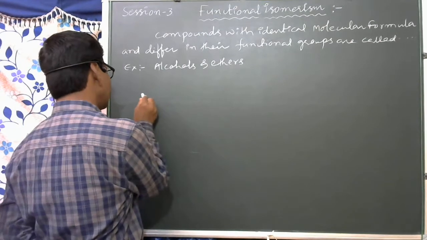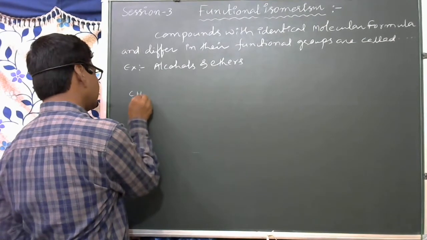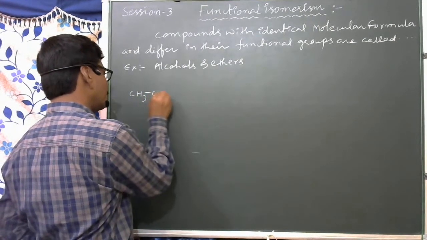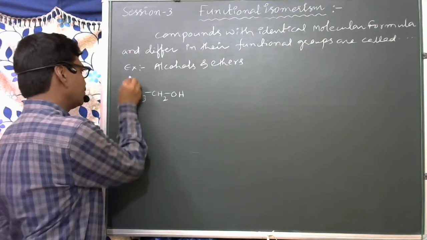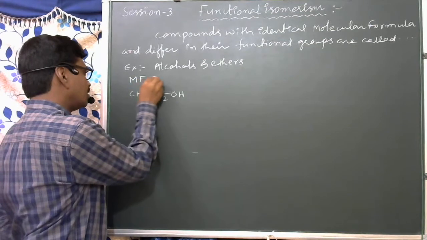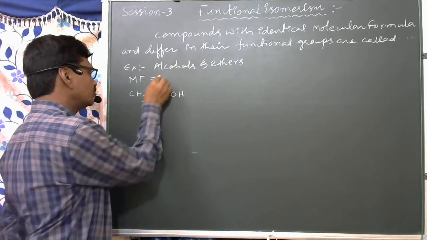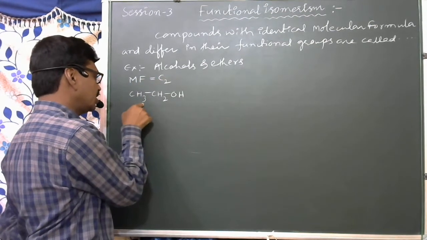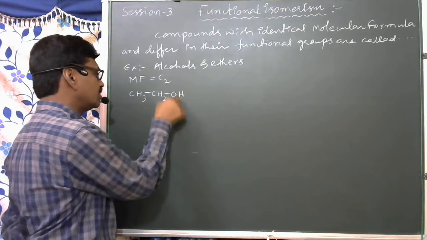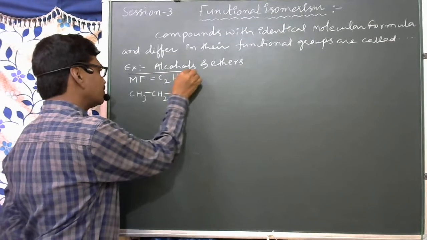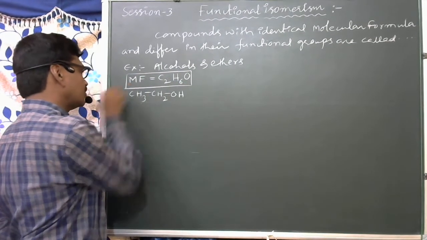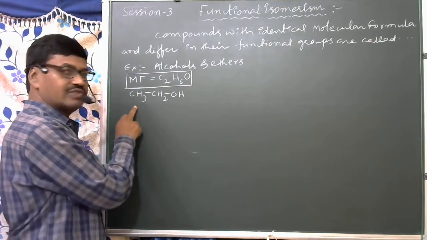So here I am writing CH3CH2OH. So what is the molecular formula here? Molecular formula of this compound is C2H6O. For this molecular formula, I wrote one alcohol here.